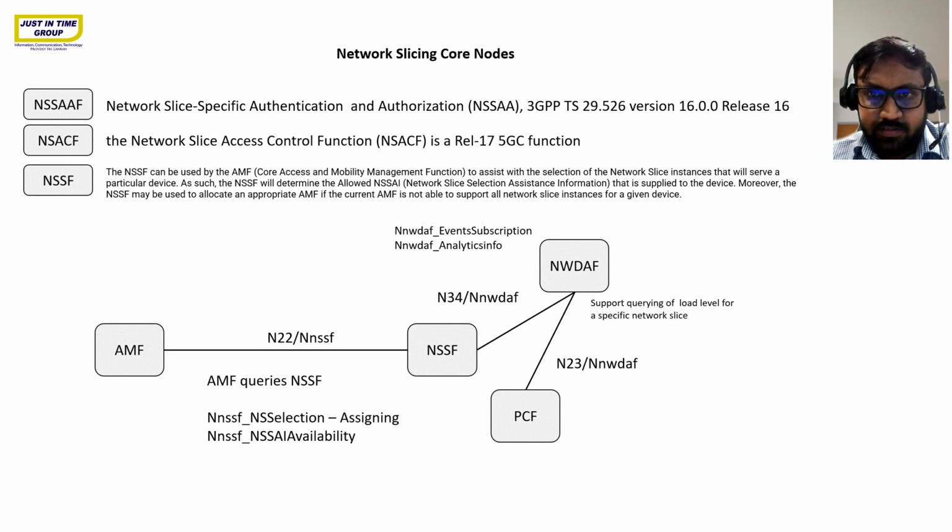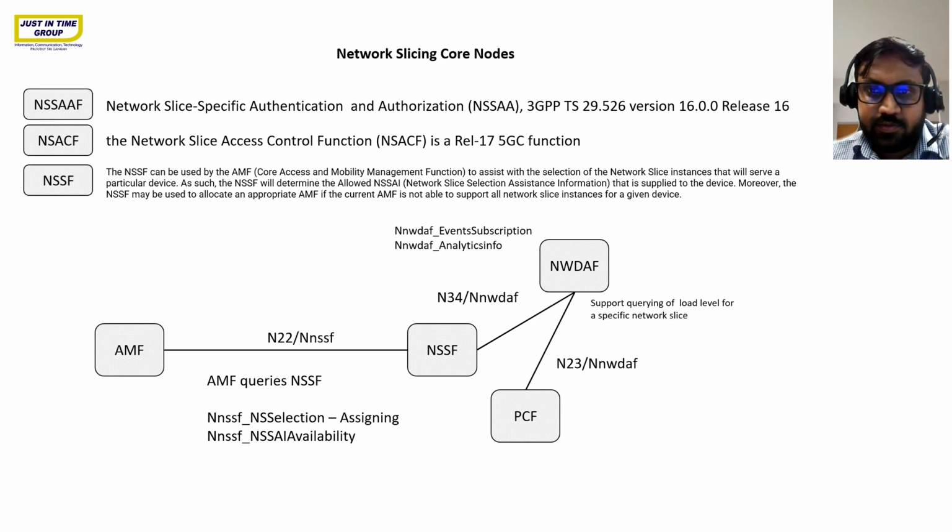The network slice admission control function monitors and controls the number of registered UEs, user equipment, and the number of PDU sessions per network slice. With an NSACF, operators can enforce quotas on individual slices, making sure the signaling traffic and packet flows do not exceed the maximum slice load.